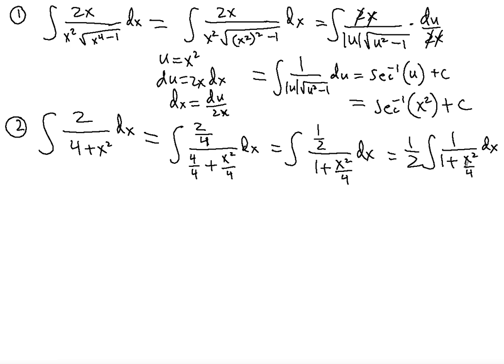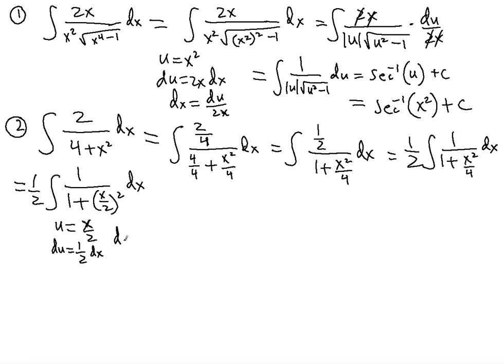Now notice that you might say, wait a second, the x is squared, but there's a 4. Well, note that you can rewrite this as 1/2 multiplied by the integral of 1 over 1 plus (x over 2) squared dx, right? Okay, so if you use the u substitution, you will say that u is equal to x over 2, and then du will be equal to 1/2 dx, and dx will be equal to 2 du.